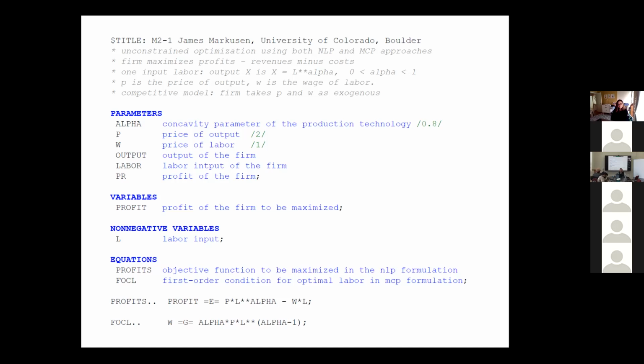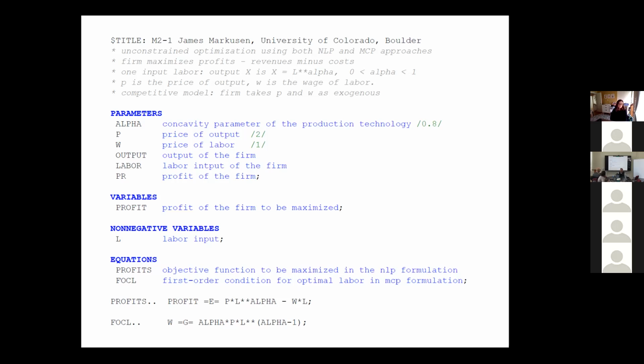Then the word variable is the default for an unbounded variable. So the upper bound is plus infinity, the lower bound is minus infinity. In an optimization problem, the objective function variable to be maximized must be called a variable, an unconstrained variable.